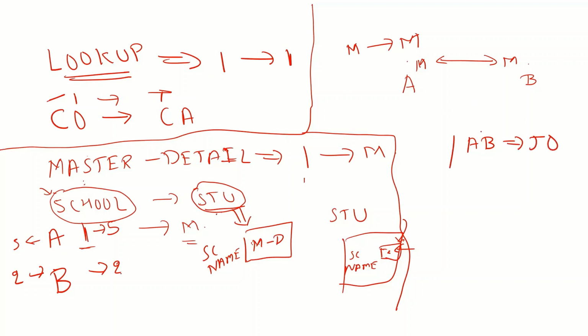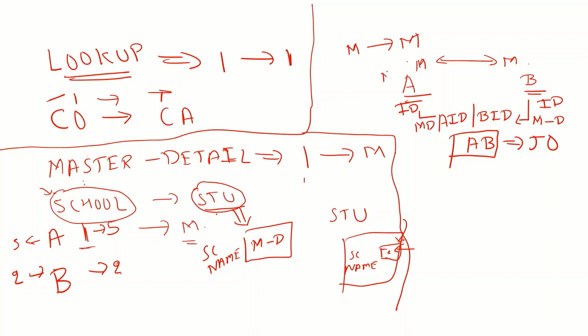This junction object will hold an ID field that will be a unique identifier for A records, and an ID field that will be a unique identifier for B records. This particular AB will have both the IDs, AID and BID. It will have master detail relationships.